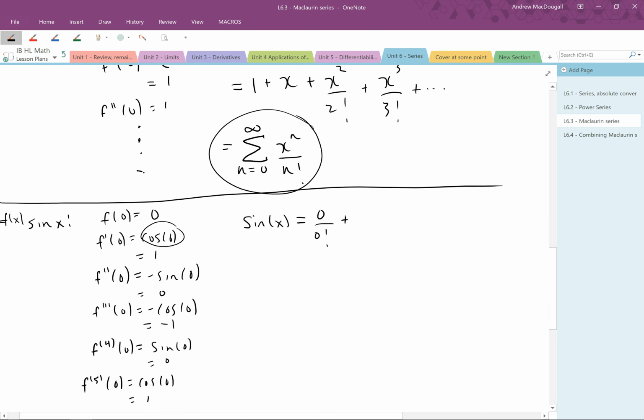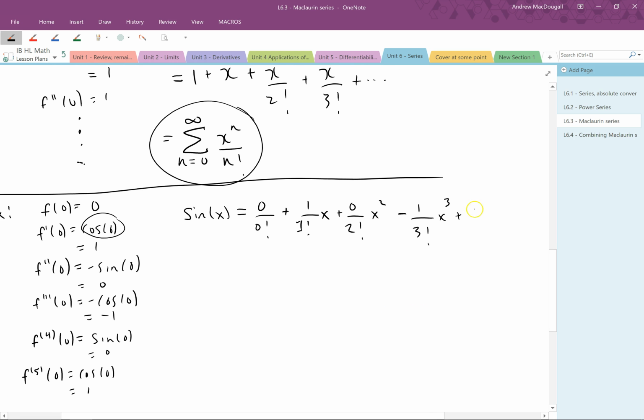Plus, all right, f prime of 0 is 1 over 1 factorial x, plus 0 over 2 factorial x squared, plus, let's see, f triple prime is negative 1, so negative 1 over 3 factorial x cubed, plus 0 x to the 4 over 4 factorial.